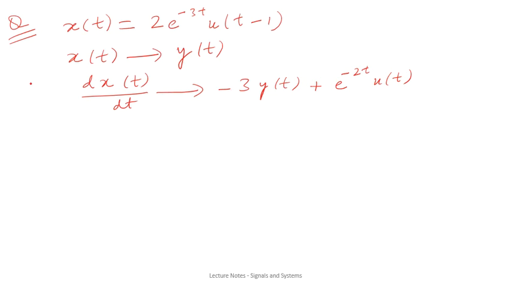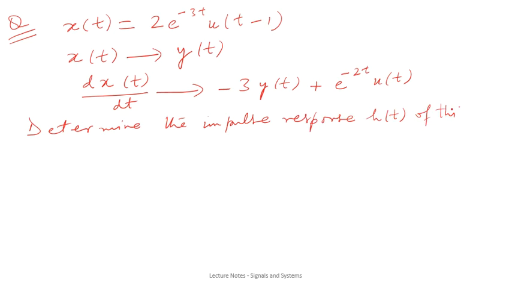Okay, so the question is, determine the impulse response, that is h(t), of this system.